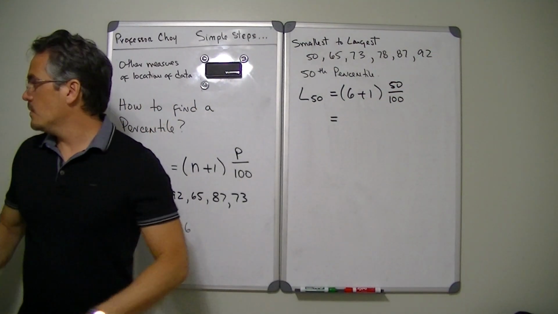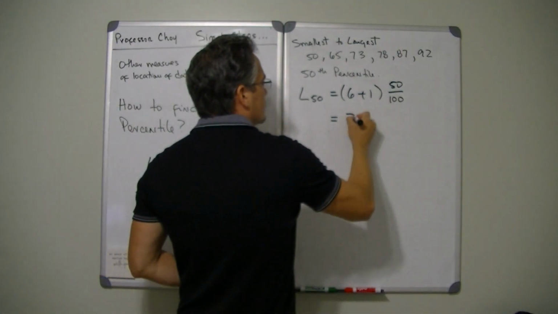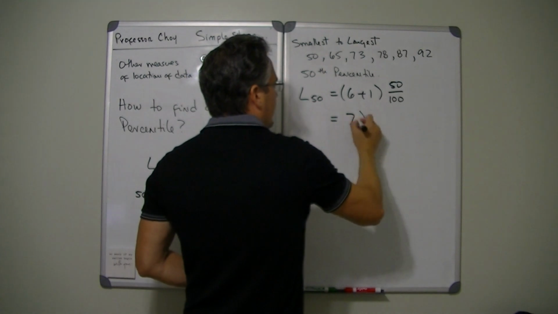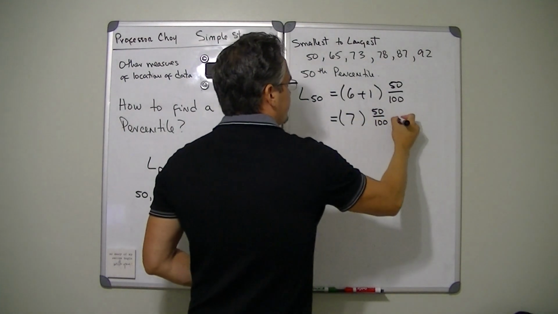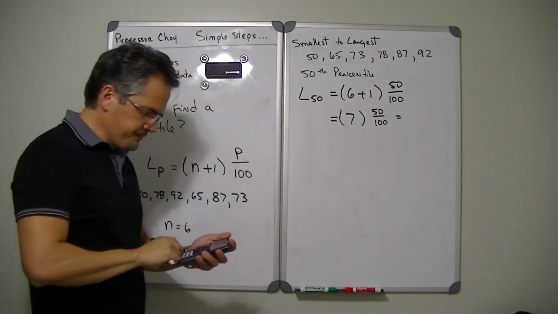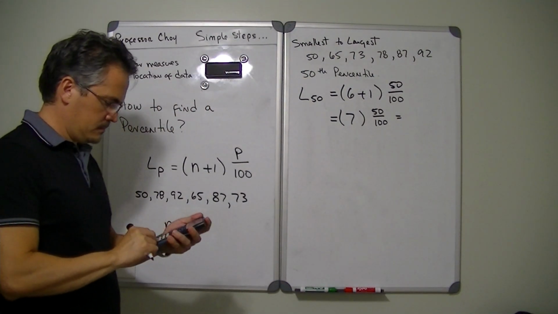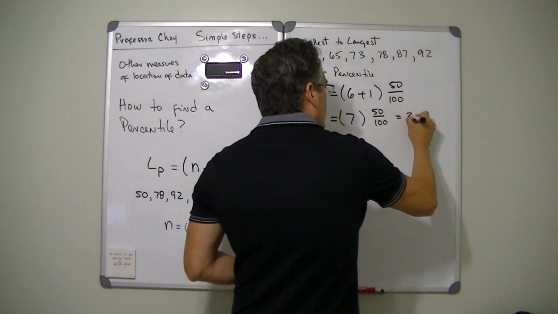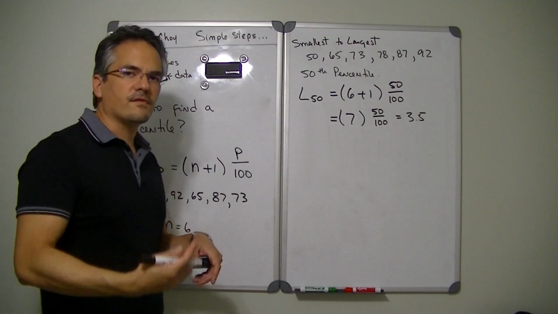Alright? So what we need to do now is 7 multiplied by 50 over 100. Okay? We got 3.5.